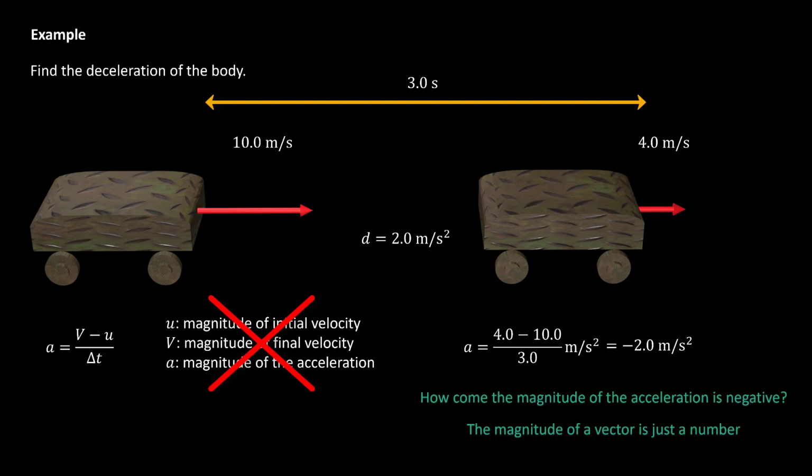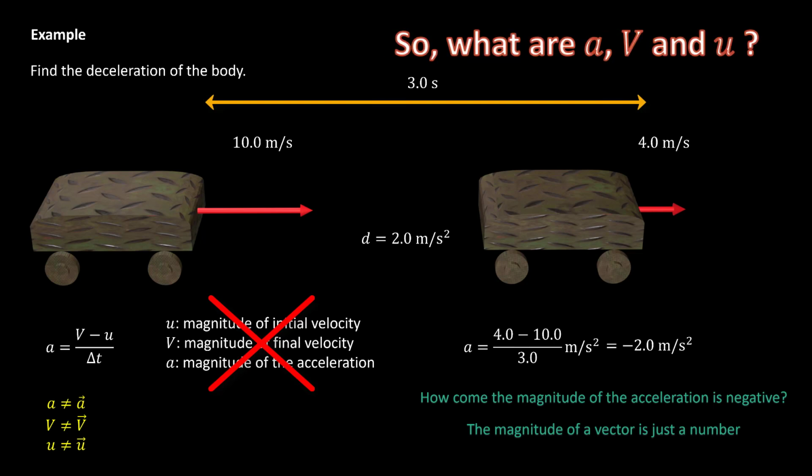Also, the quantities a, v, and u are not the acceleration vector, the final velocity vector, and the initial velocity vector respectively. So what are a, v, and u?